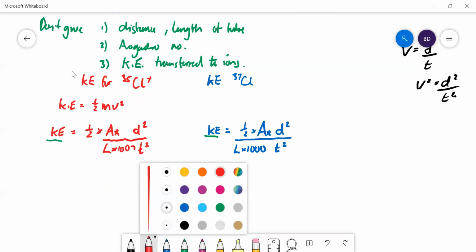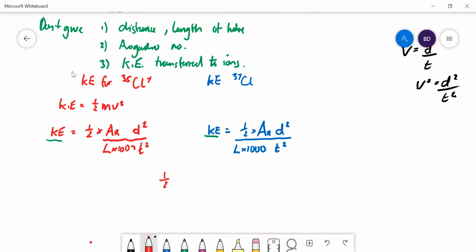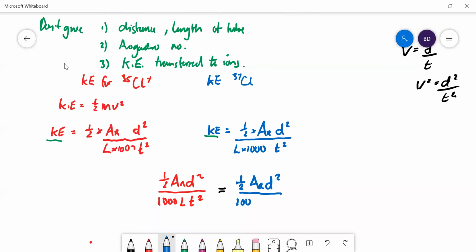In red, we get a half AR d squared over 1,000 L t squared, and that's equal to, in blue, a half AR d squared over 1,000 L t squared, where the blue t is the time of flight of that.